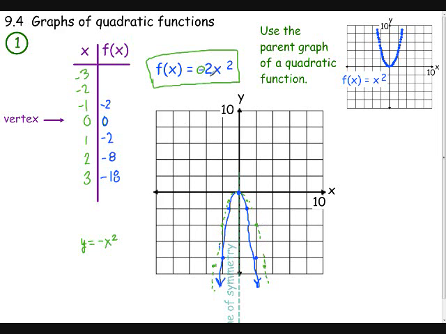wider. So when I start putting a multiplier that's greater than 1 here, my parabola gets narrower and narrower. If I had a really big multiplier on it, it would get really skinny. So that might make you think, well, what if I put something less than 1 on it? What would happen?